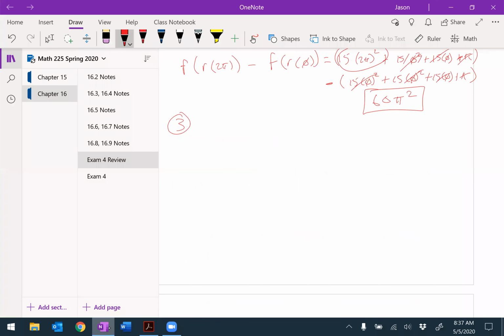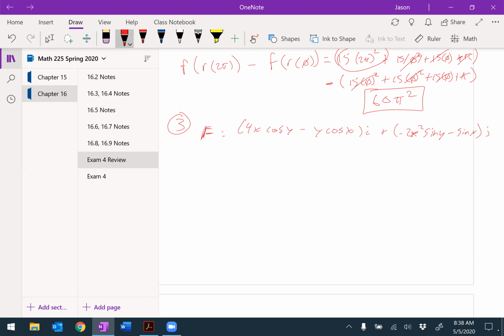For number 3, the function here is f equals 4x cosine y minus y cosine x, i, plus negative 2x squared sine y minus sine x, j.